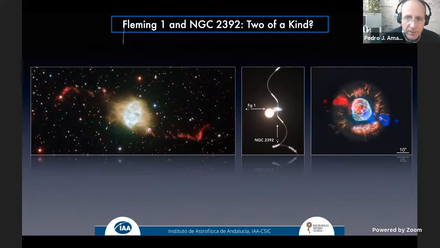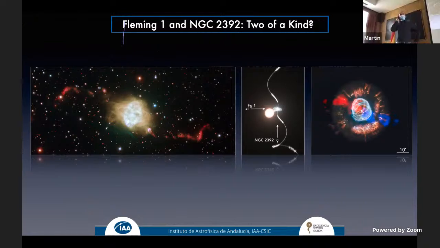What drives these events in these stars that is not there in the other stars that don't have them? Pedro is asking whether those very late thermal pulses are going to happen in all post-AGB stars or only in a fraction of them, and if so, what's really driving this event?